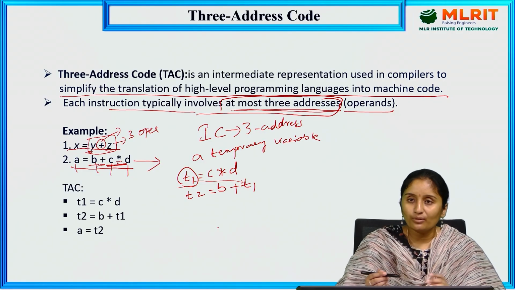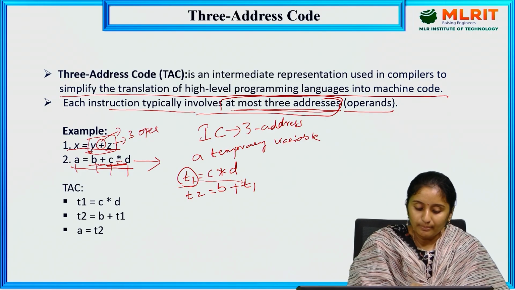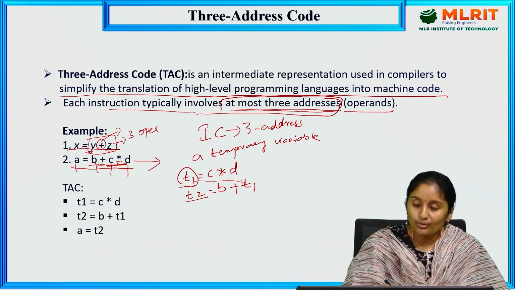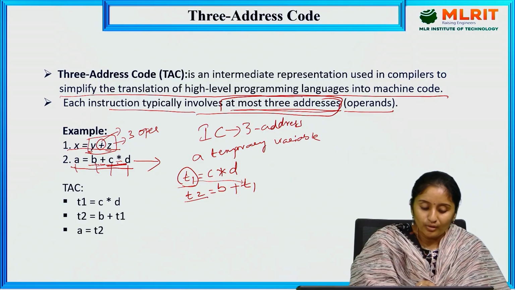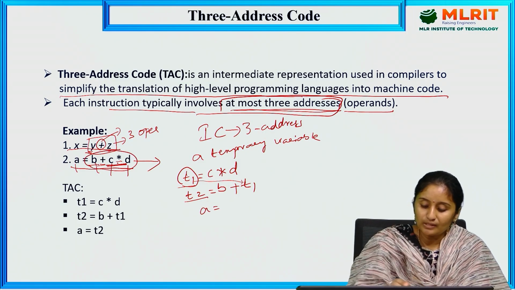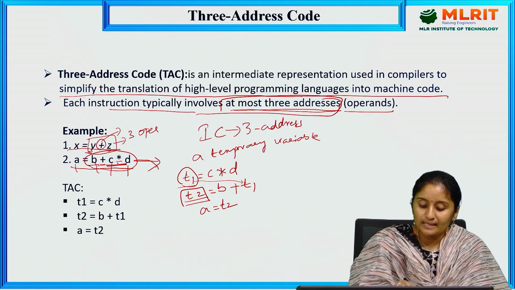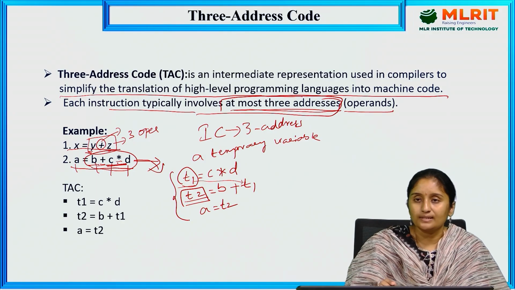Why? Because we are simplifying the expression. Now B plus C into D is stored in the T2 variable. Now A equal to, where this whole thing is stored, it is stored in T2. Now I have simplified this expression into 3 steps.